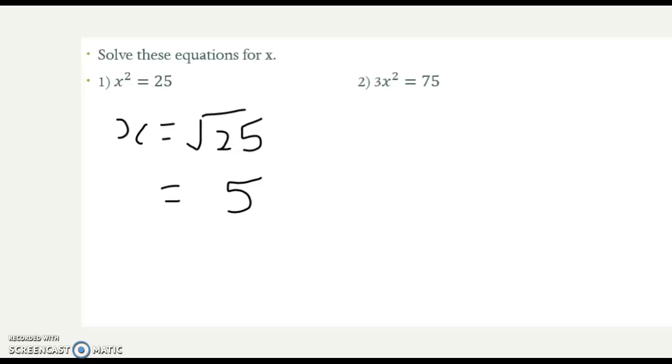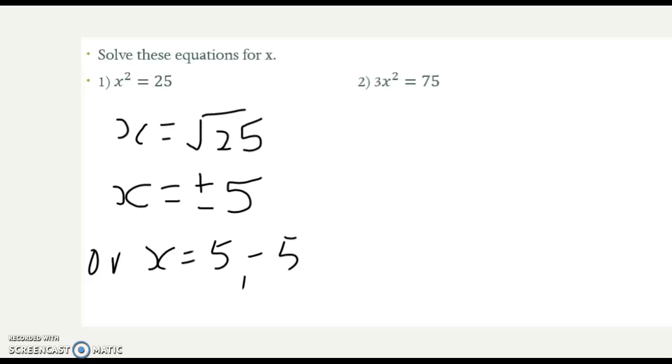But there's another answer that will also satisfy that, and that is -5. So we can write that as x can be +5, but it can also be -5, or you can write it as x equals 5 or -5.